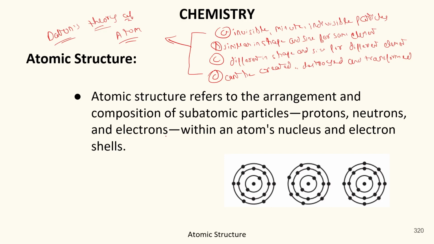Second thing he said, atoms are indivisible, means they cannot be divided into further units. So you can say atom is the final unit. Got it? Thereafter, he said atoms of a single element are the same in shape and size.